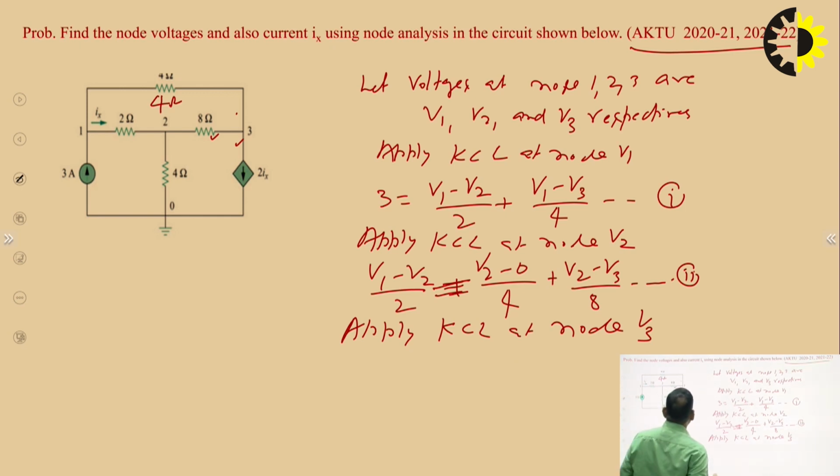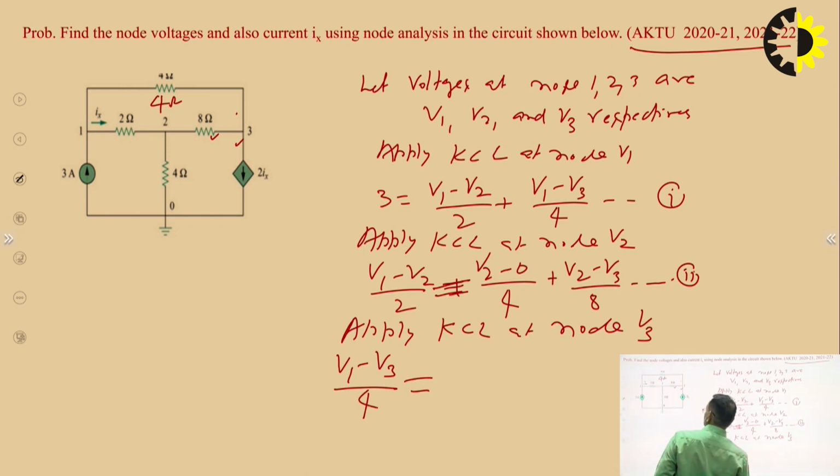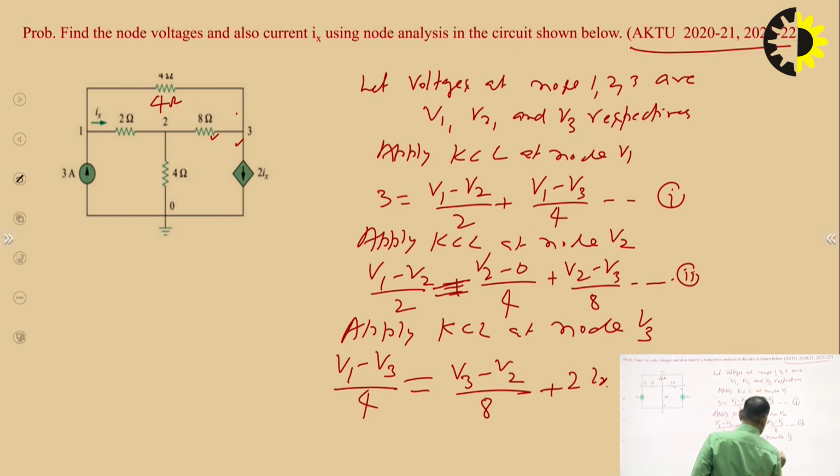So V1 minus V3 upon 4 is approaching node 3, equal to V3 minus V2 upon 8, that is away from the node, or you can write it as V2 minus V3 upon 8 plus 2ix. So this is the third equation.